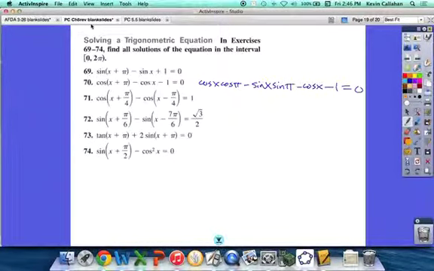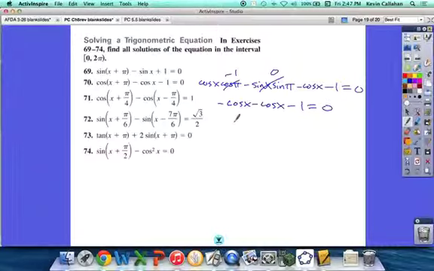Okay. And then when you get to this point in these kinds of problems, there's always some simplifying. Just say, well, what is the cosine of pi? We know that. Negative 1, right? And what is the sine of pi? 0. So that whole term goes away. And what are we left with? Negative cosine x minus cosine x minus 1 equals 0. Which should look pretty familiar, right?